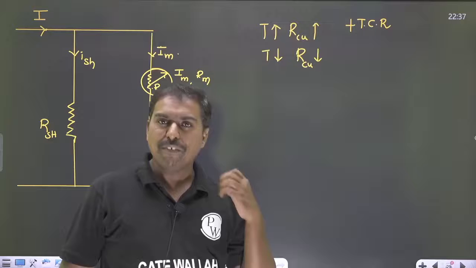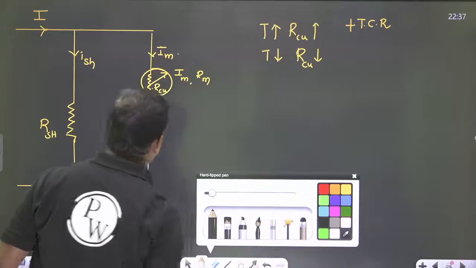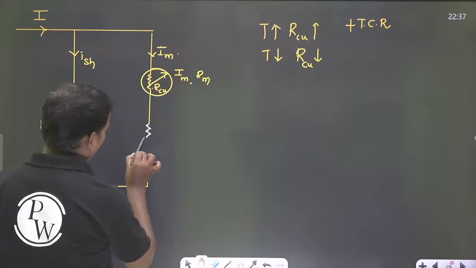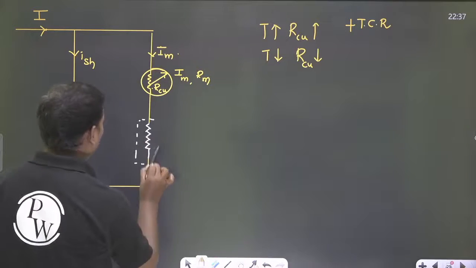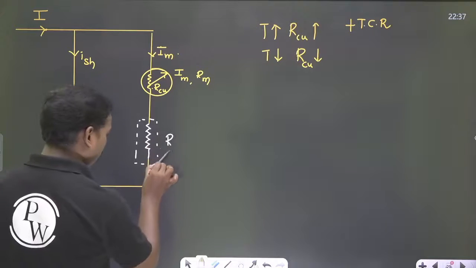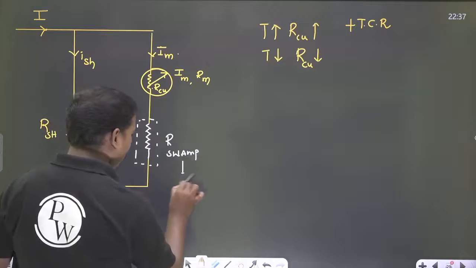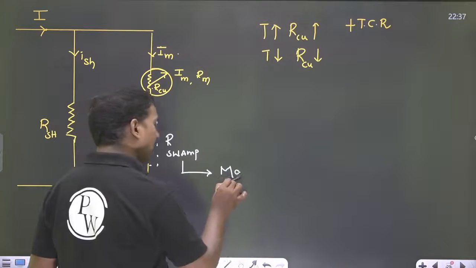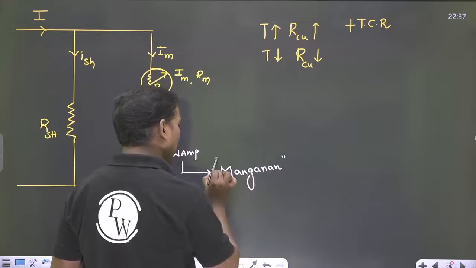So to nullify that effect, I am using another resistor called a manganese resistor. So this is what we call swamping resistance. The swamping resistance is generally made of the material manganese.